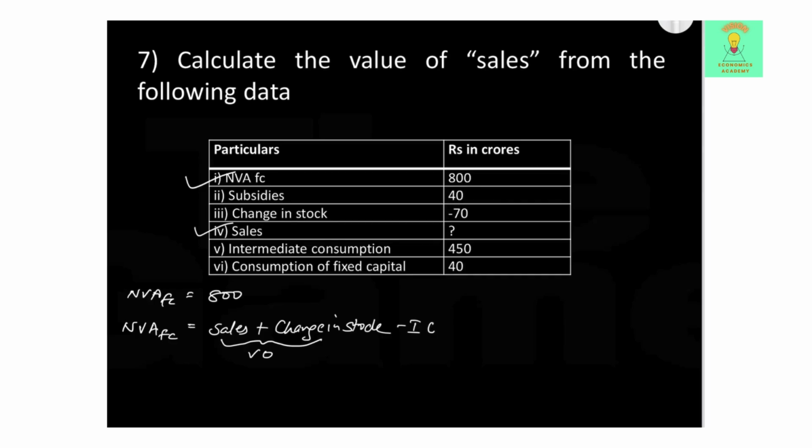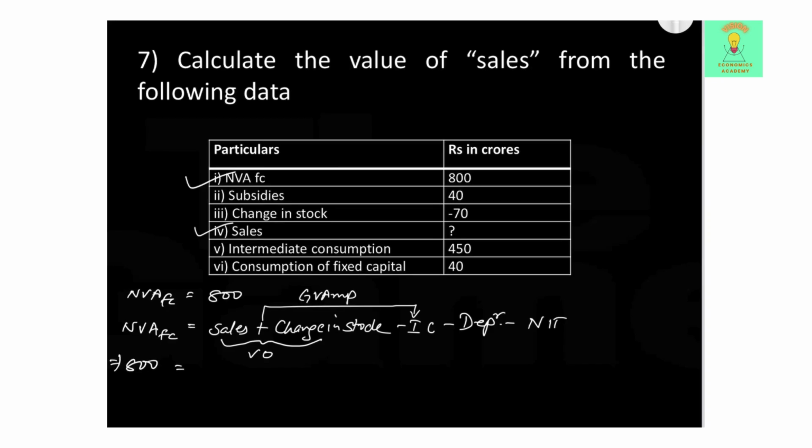Minus intermediate consumption will give us GVAMP, and from gross to net, minus depreciation, and from MP to FC, minus net indirect taxes. So we have to put this value, we'll get the results directly.